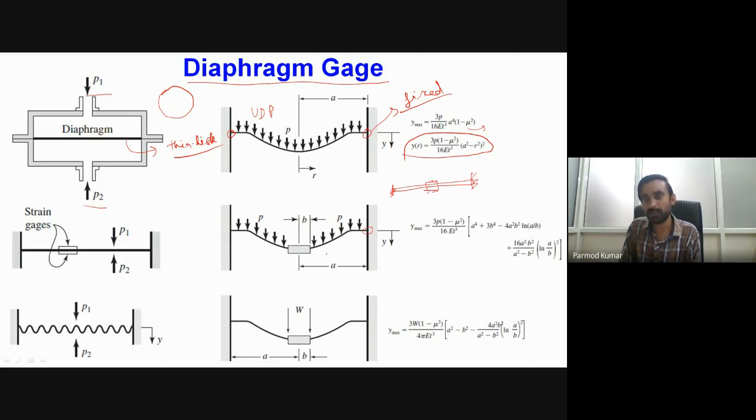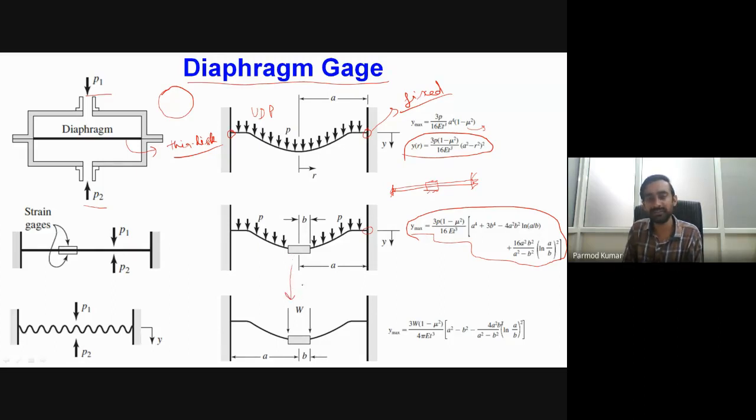Okay, so for this type of arrangement, when we are having a portion of diaphragm fixed from both inner and outer sides, you can find out the value of maximum deflection using this particular formula. Okay, then another situation we may have, which is nothing but physically identical to that of case 2.